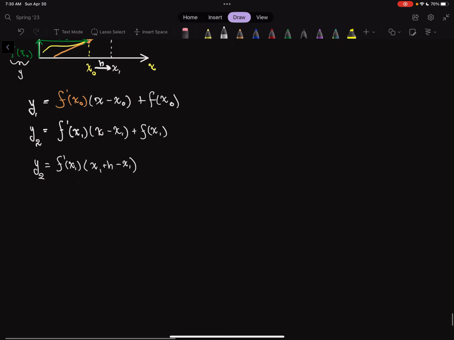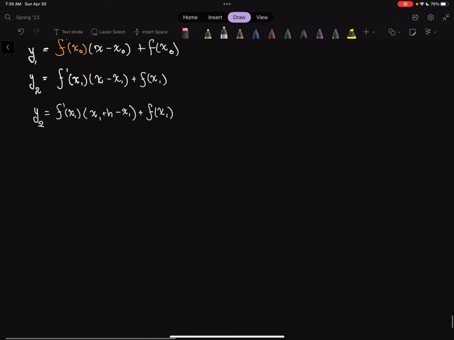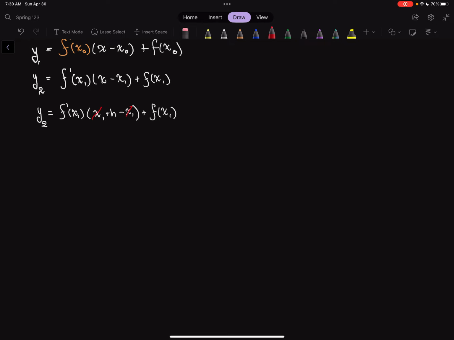And this part right here is just going to be f of x1. So these two cancel out, and we're left with y2 equals h times f prime of x sub 1 plus f of x sub 1. Where f of x sub 1, we said, is y1. So we get h times f prime of x sub 1 plus y1.